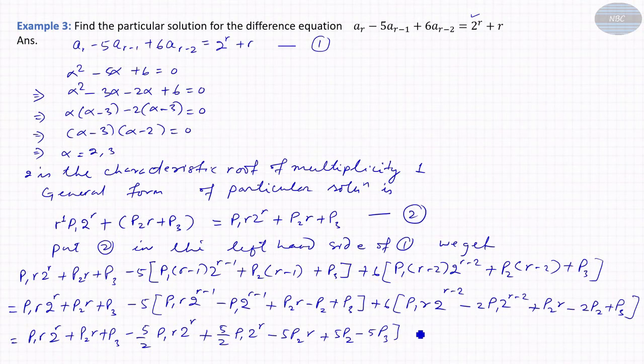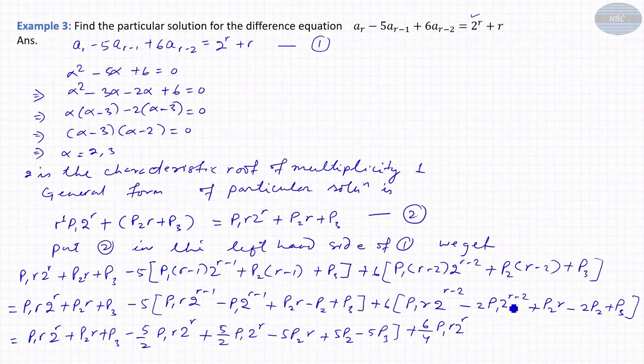Similarly, we can have plus this one: 2 to the power r minus 2 is equal to 2 to the power r divided by 4. So this is 6 by 4 p1 r 2 to the power r.